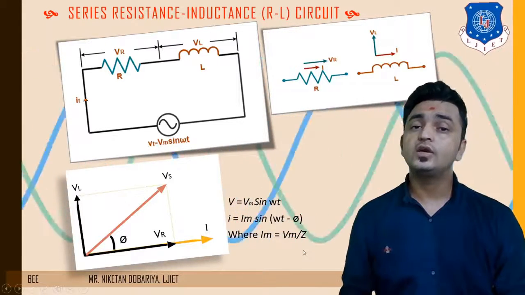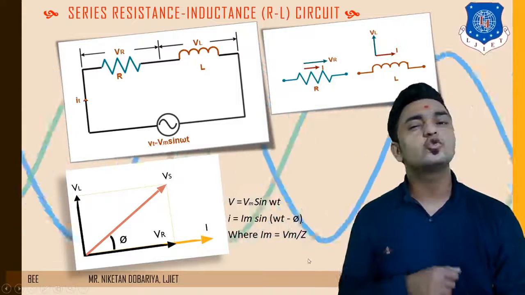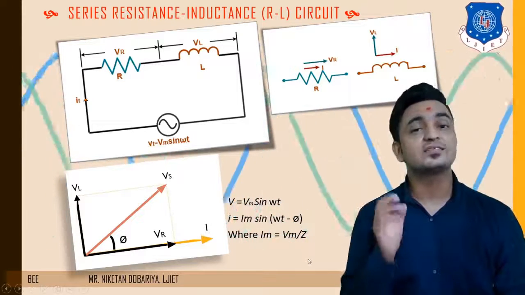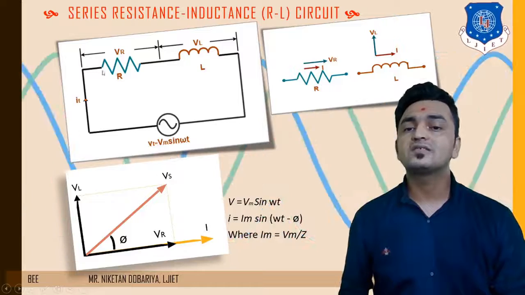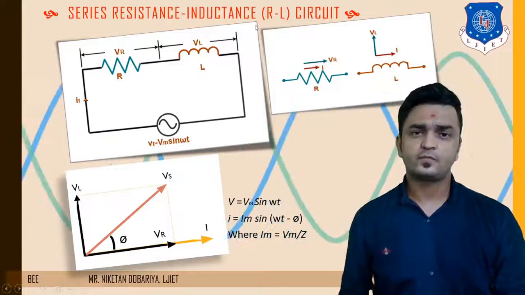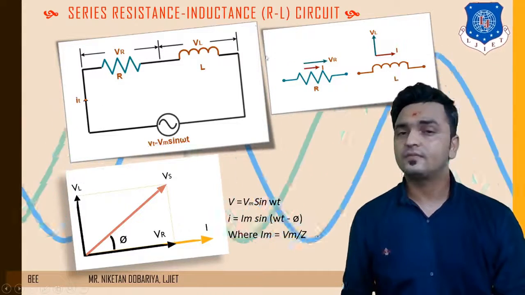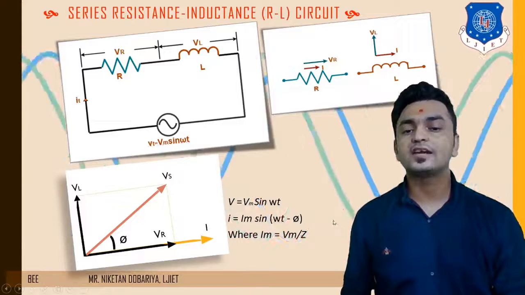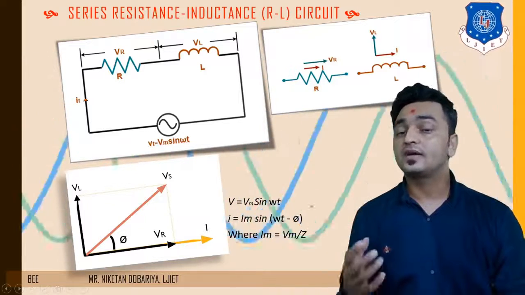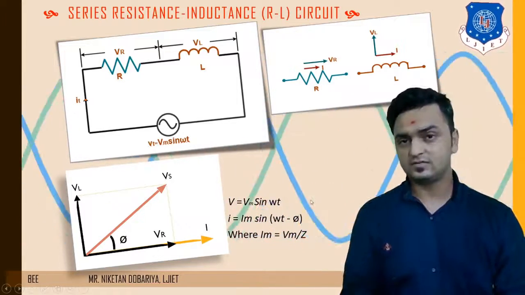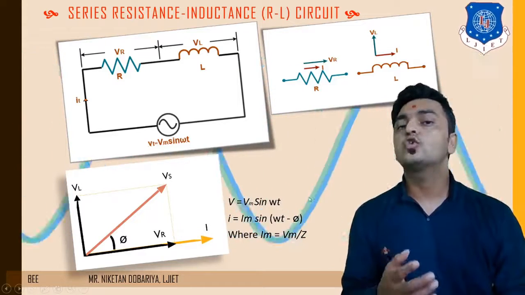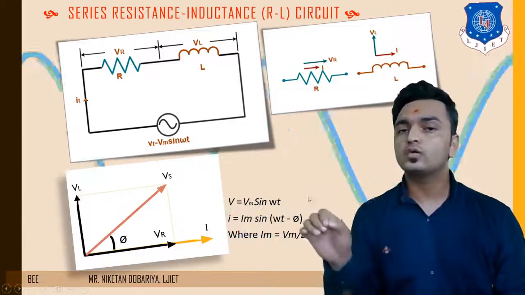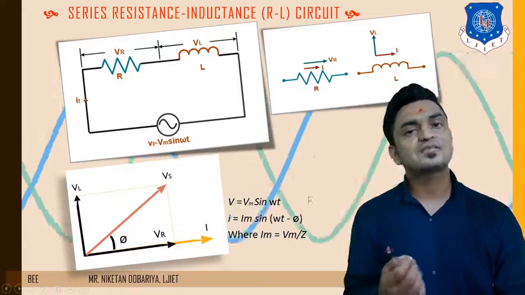And what is the value of Im over here? That is going to be Vm by Z. What is Z over here? That is the total impedance of this R and L, and we can write Z in vector form as R plus jXL. And if we need to find its magnitude, Z is equal to the square root of R squared plus XL squared.